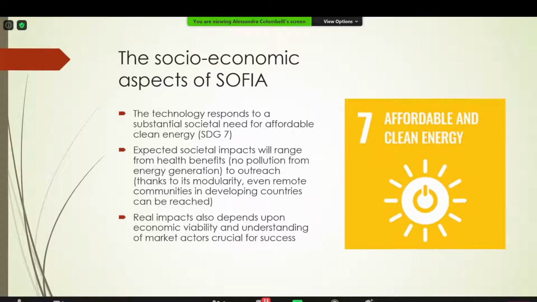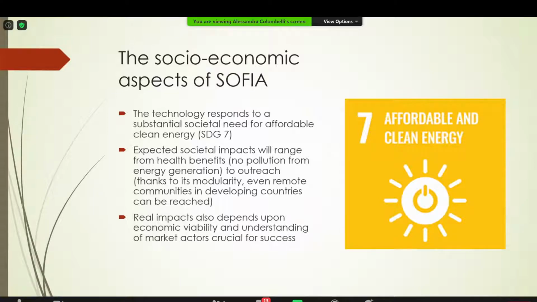The expected societal impacts are quite broad and range from health benefits, because of course if you reduce pollution from energy generation, you can benefit in this respect, but also outreach is another important impact. So it is expected that thanks to the modularity of this technology, even remote communities in developing countries can be reached.